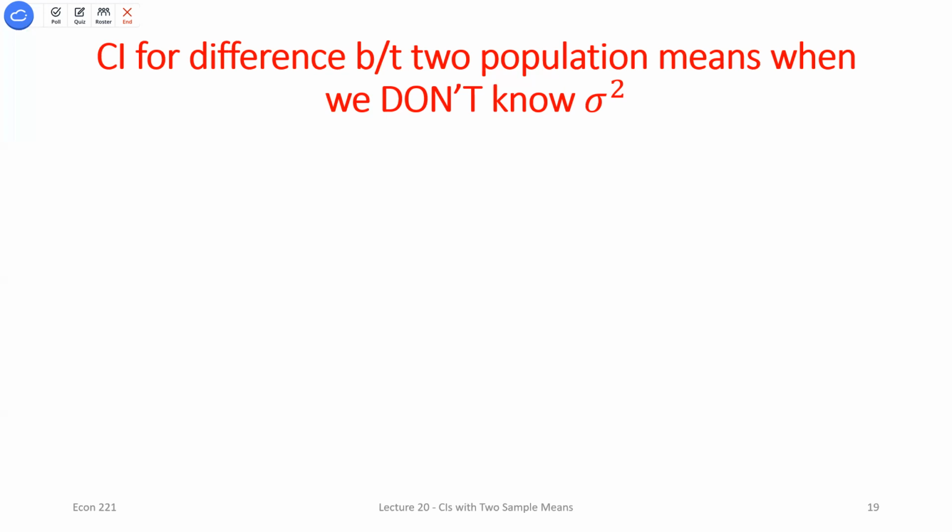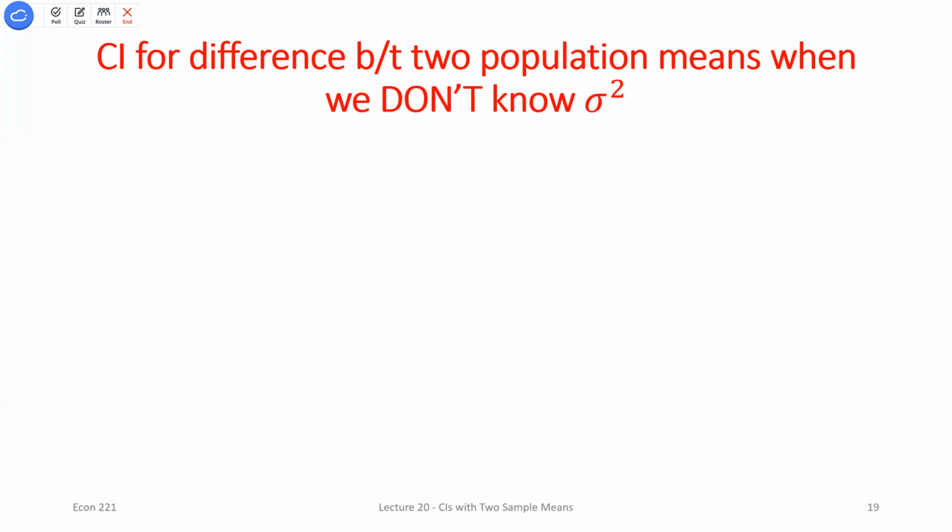Okay. Everything's going to look exactly the same when we're doing test statistics for the difference in sample means when we only know the sample variance, right? It's just going to look like different notation because we're not using a known population variance anymore. We're using those sample variances, right?